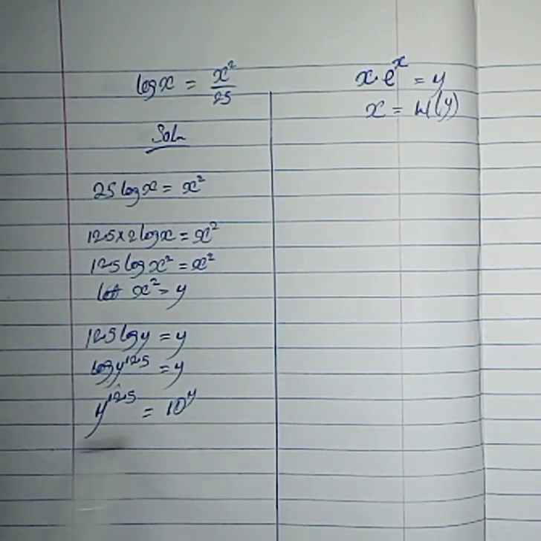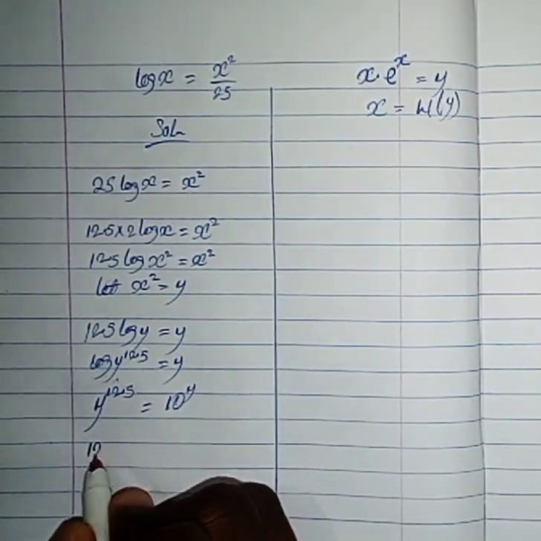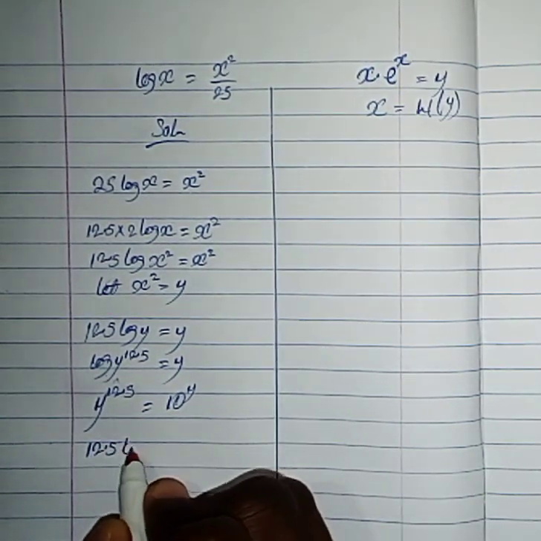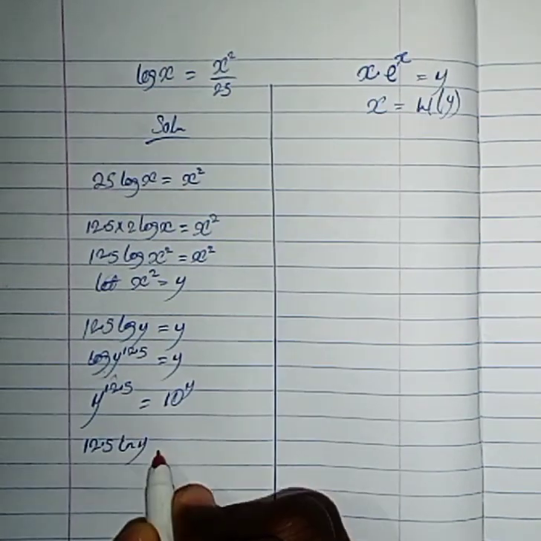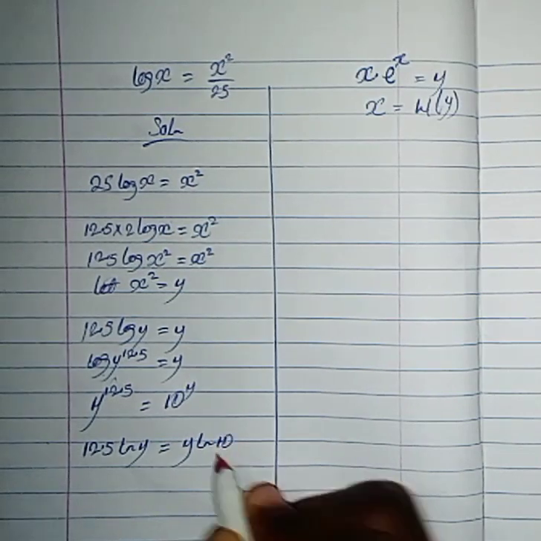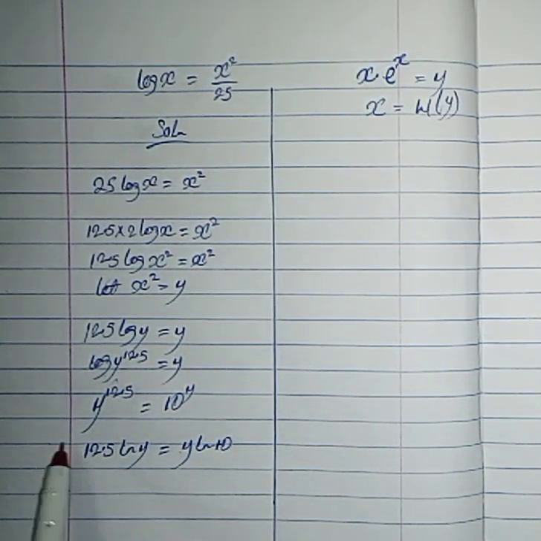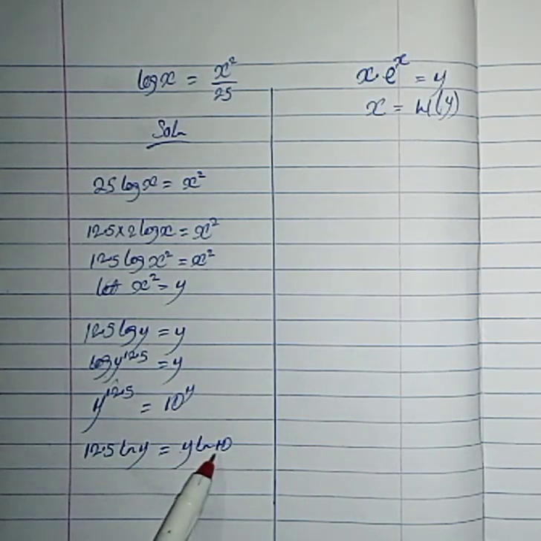So by taking the natural log of both sides and taking the powers to the front, you see that 12.5 ln y is equal to y ln 10. Now I want to take those that are with y in them to one side of the equation.